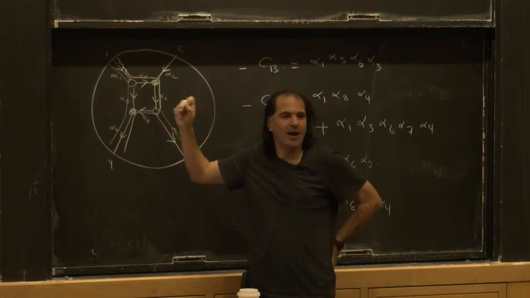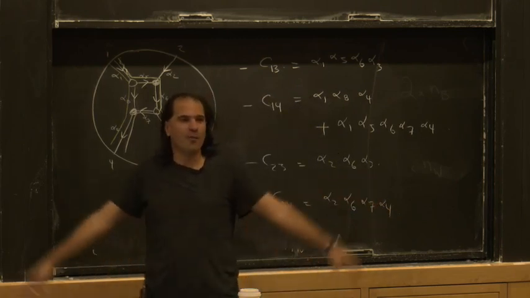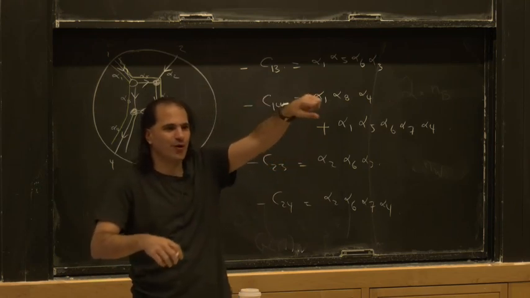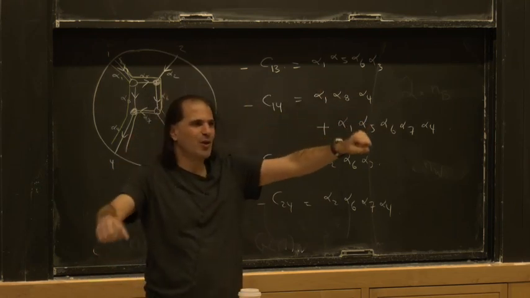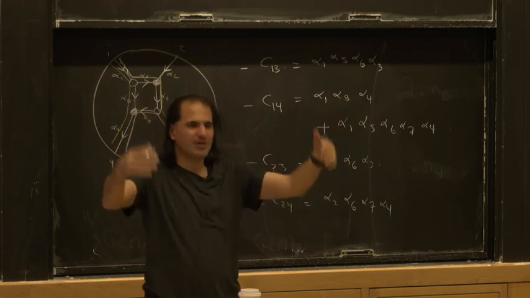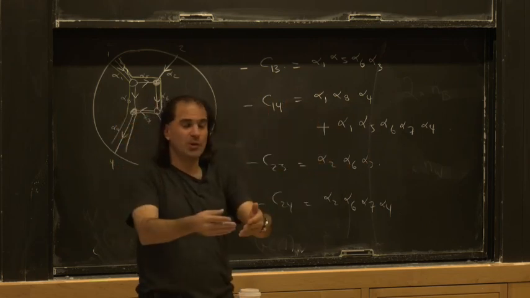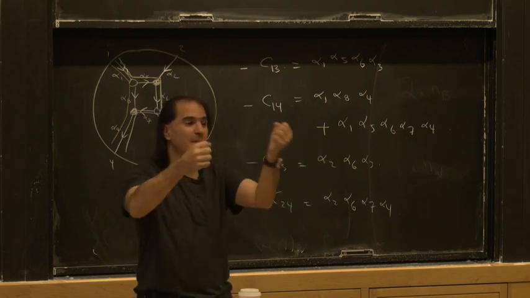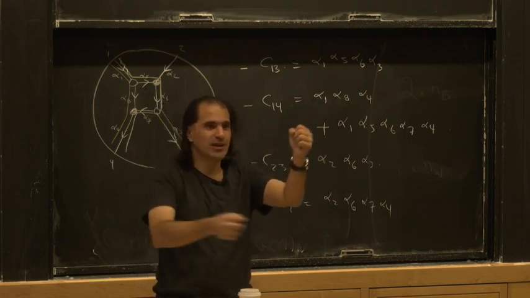Okay, and after I did that, I go from having this sort of whole stack, if you like, 3 times the number of vertices, variables, to having fewer variables, but which are naturally associated with the edges of the graph. And there's still the GL1 redundancy that I need to mod out by, associated with each vertex.